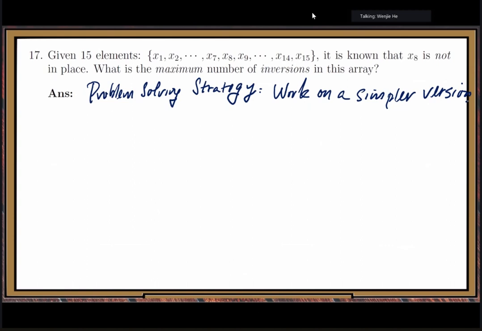So that's the idea: a simpler version to get a partial result, then go back to the original version.